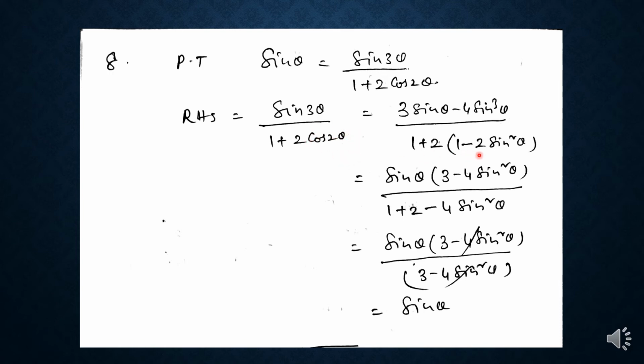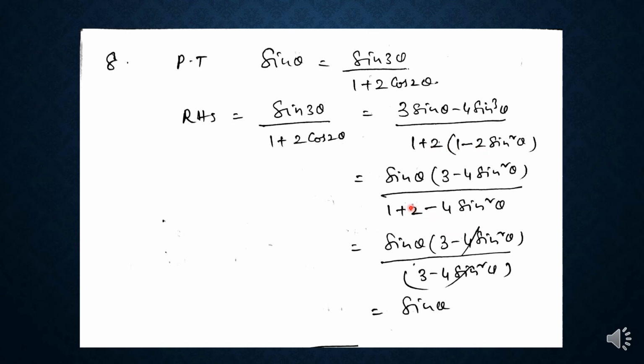It is 1 minus 2 sin square theta. That is equal to (3 sin theta minus 4 sin cube theta) divided by (1 plus 2 into (1 minus 2 sin square theta)), that is sin theta into (3 minus 4 sin square theta) divided by (1 plus 2 minus 4 sin square theta).